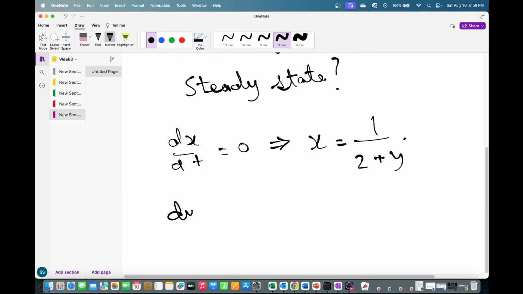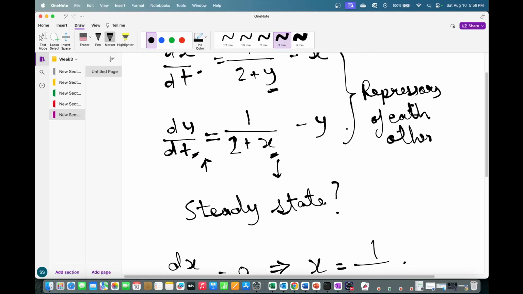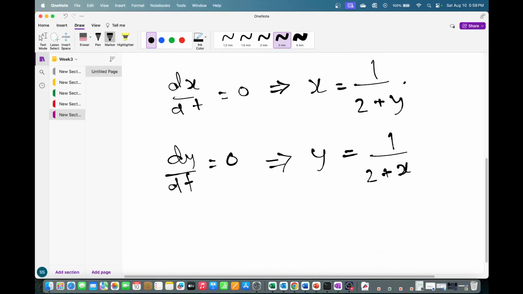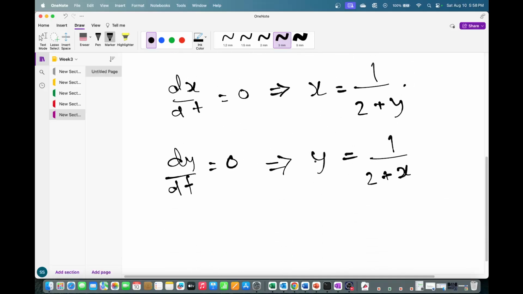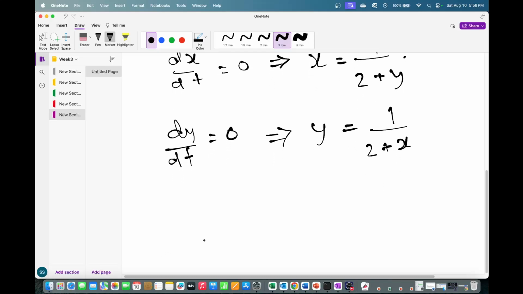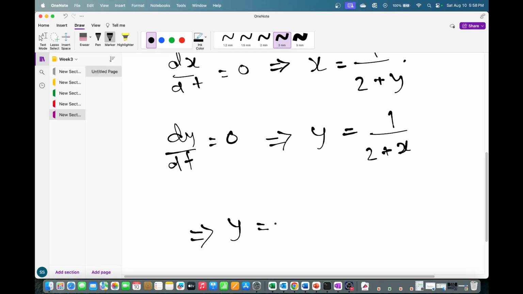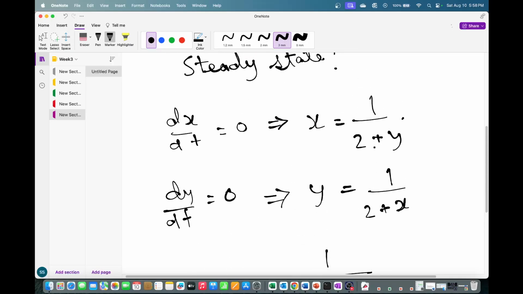Same with dy/dt equal to 0, which implies y equal to 1 by 2 plus x. If you equate these to 0, y equal to 1 by 2 plus x. Now you substitute y in x, or you substitute x in y. I'll substitute x in y. So basically y equal to 1 by 2 plus 1 by 2 plus y, right? Just substitute the value of x here.